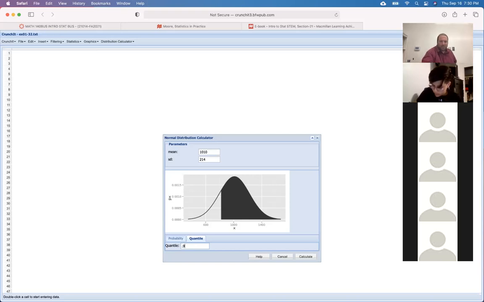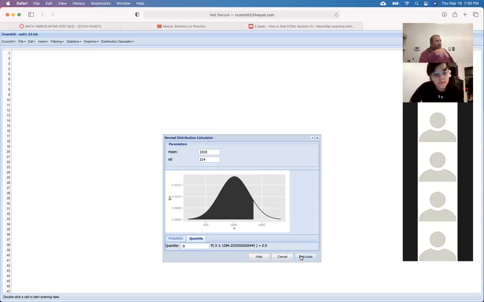Would it be 90%? Well, let's take a look. 0.9, let's calculate. Yeah, that's about the same. That's pretty much exactly the same with like 8 extra decimals of precision. So that's exactly what quantile does. But quantile is only to the left. It doesn't have the option to the right or center. It's always to the left.